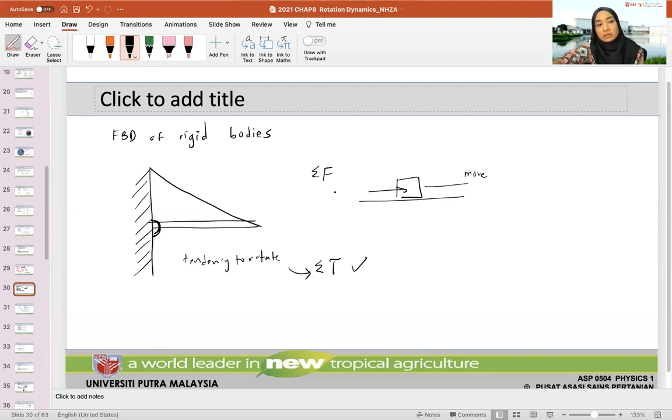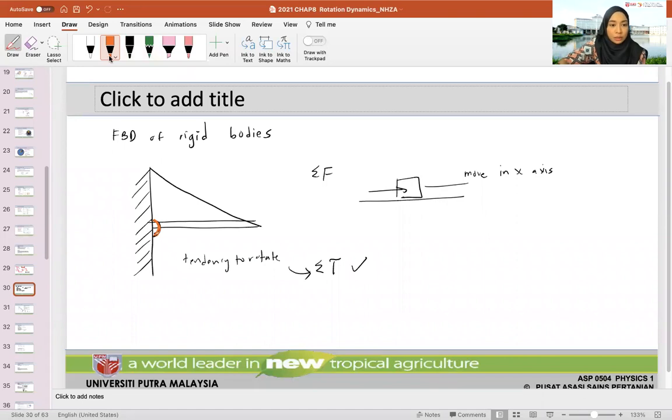So you're only concerned about the net F. But if you have a ball and it has the tendency to rotate and also move forward, you have to be concerned about both F and torque. So those are the two things you need to be aware of. One is just moving translationally, in the XYZ, not rotating. The other has the tendency to rotate because it has a hinge, or sometimes it doesn't have a hinge, but if this string snaps, it would fall down, and to fall down, it has to rotate. So it has a tendency to rotate.